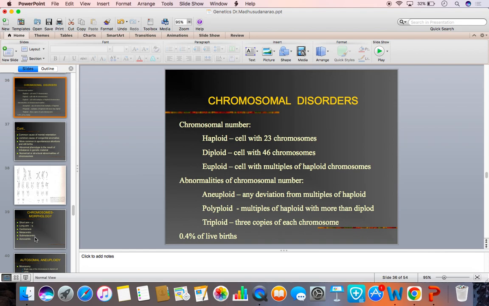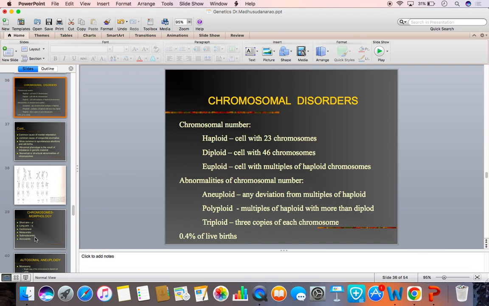What is the haploid state? A cell with 23 chromosomes. What is the diploid state? A cell with 46 chromosomes, otherwise 23 pairs of chromosomes, out of which 22 are autosomes and one pair is sex chromosomes.